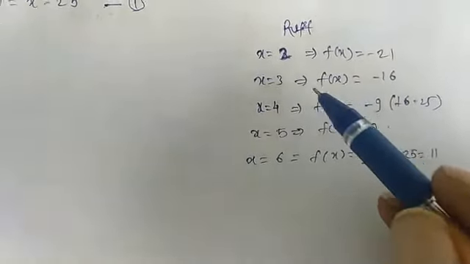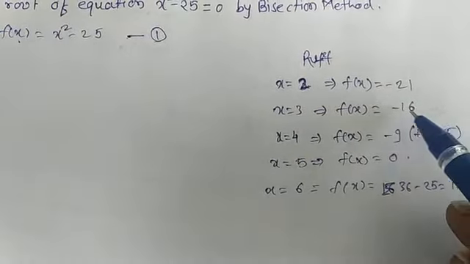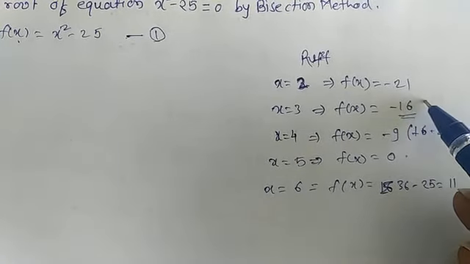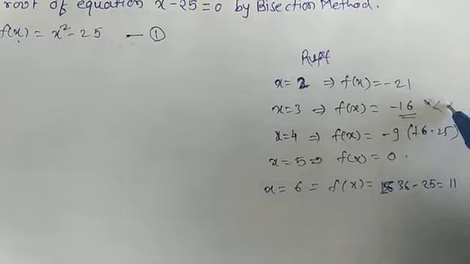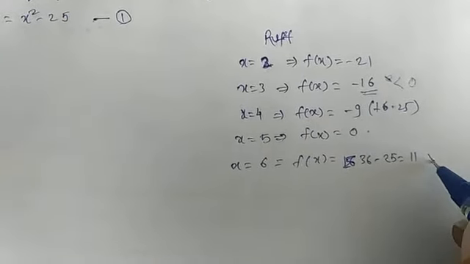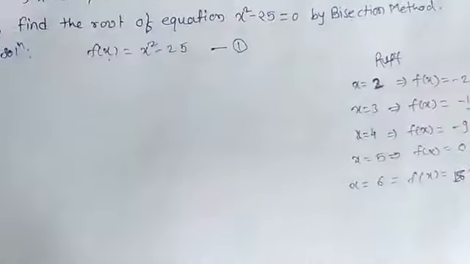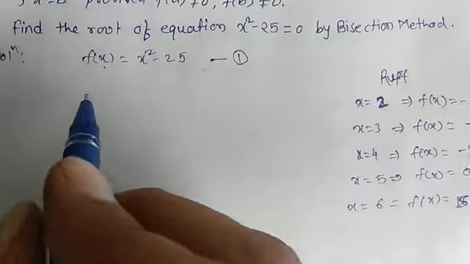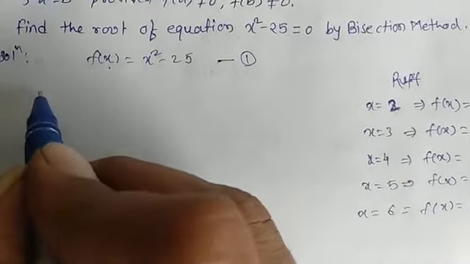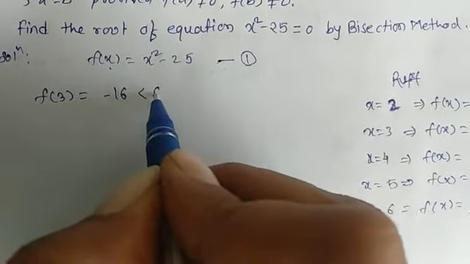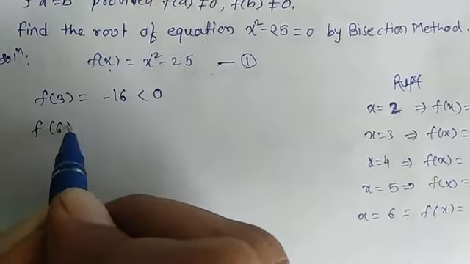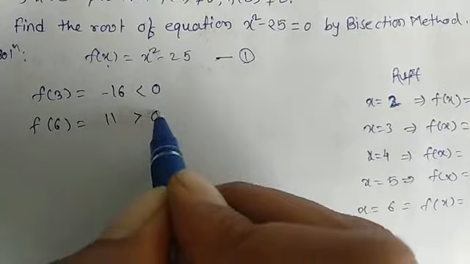You can select any interval. If I select an interval, here it is near minus 16, which is less than 0, and here it is 11, which is greater than 0. So for this example I consider that f of 3 is equal to minus 16, which is less than 0, and f of 6 is equal to 11, which is greater than 0.